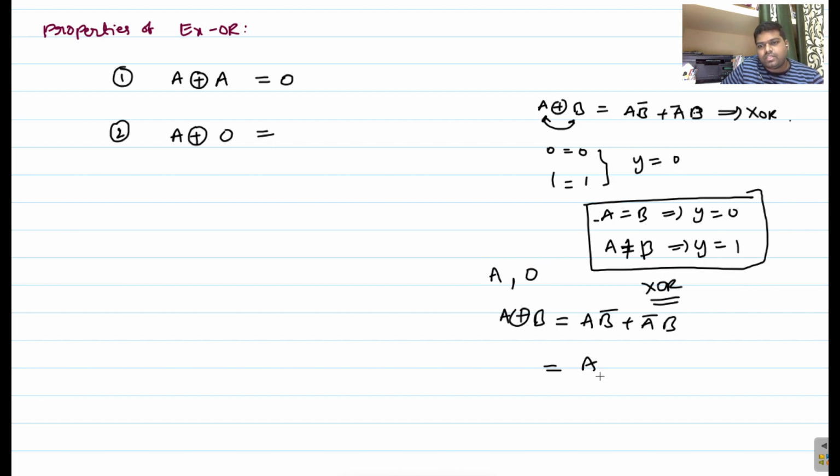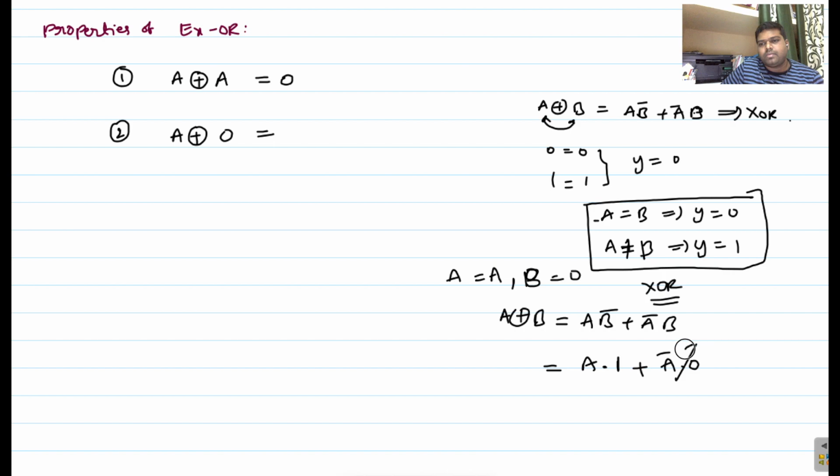The second input B equals 0, where B bar equals 1. Next A bar, so A bar only. Why? Because A equals A and B equals 0, you can put 0 here.